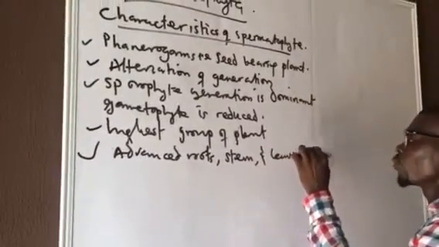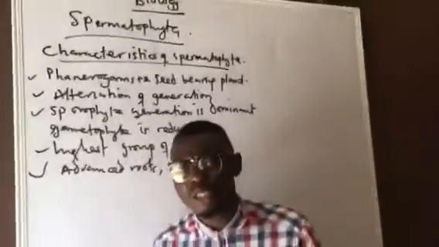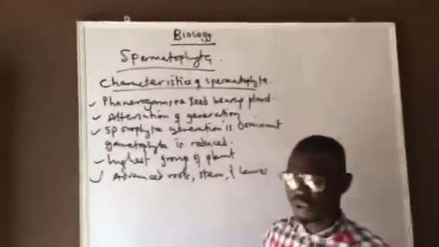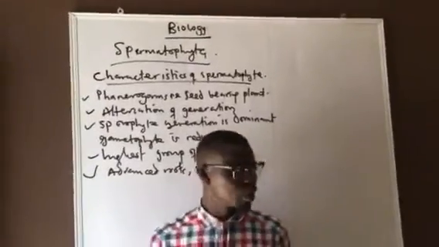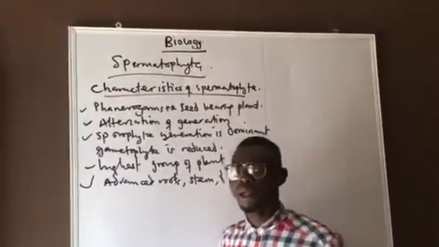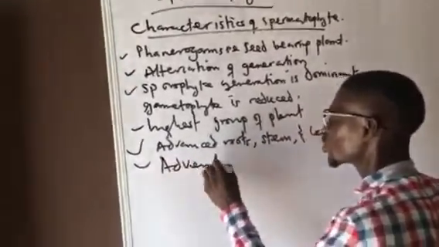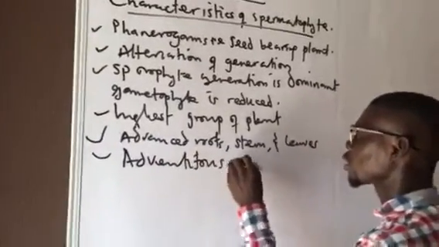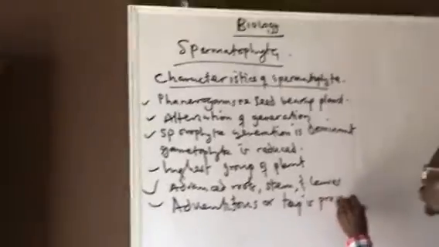So they are well developed, and these are also modified into various forms to perform special functions. For example, they have different types of roots. They can have both tap root and adventitious root.